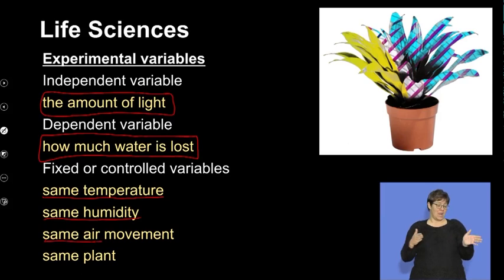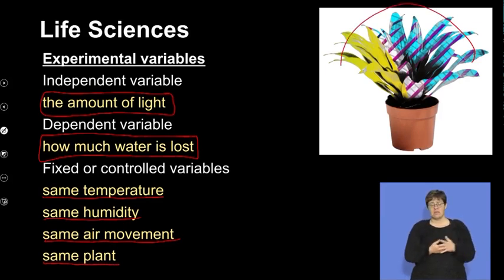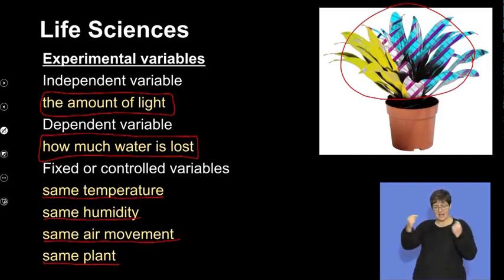Wind affects transpiration, so they would have to have the same amount of air movement. And then lastly, they must use the same plant. Because if they used a different plant, it might have a different number of leaves, which means it would lose more or less water. So they would have to use the same plant for that.